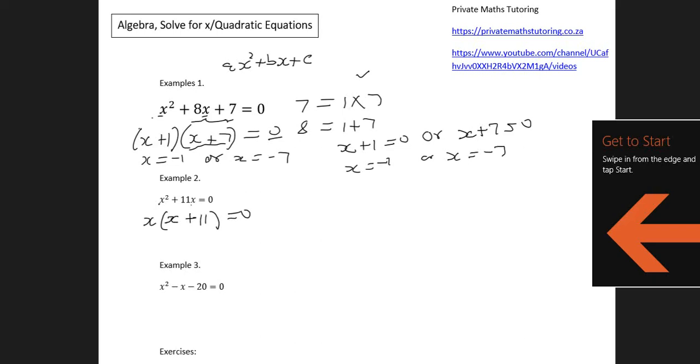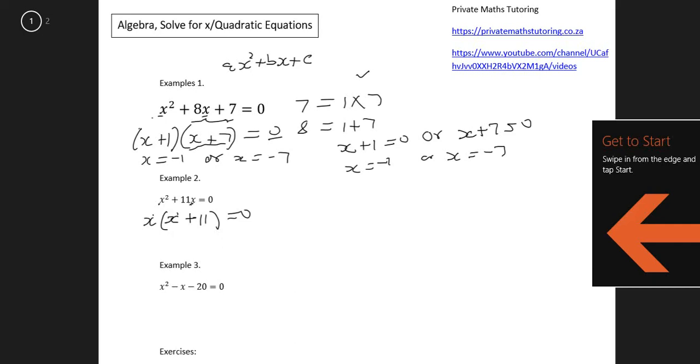So we took out a common factor. There is x squared here, there is x to the power 1 here. So we took out x to the power 1, and then we'll be left with x to the power 1, and we took the x here out, so we're just left with 11.